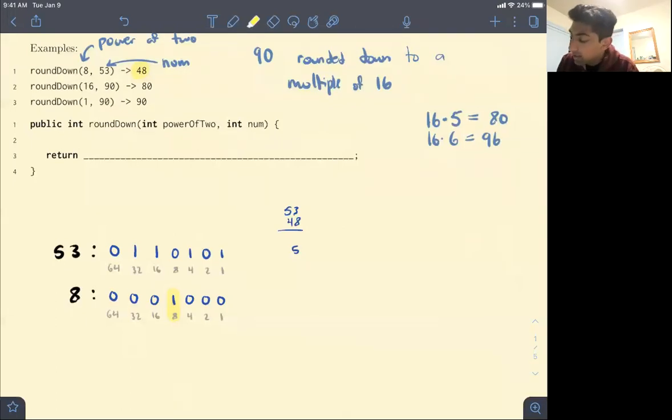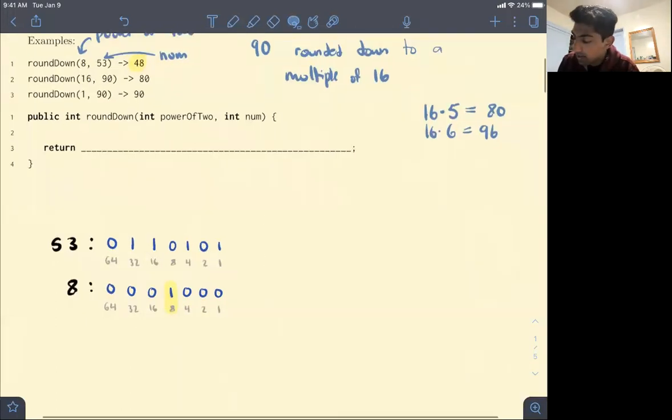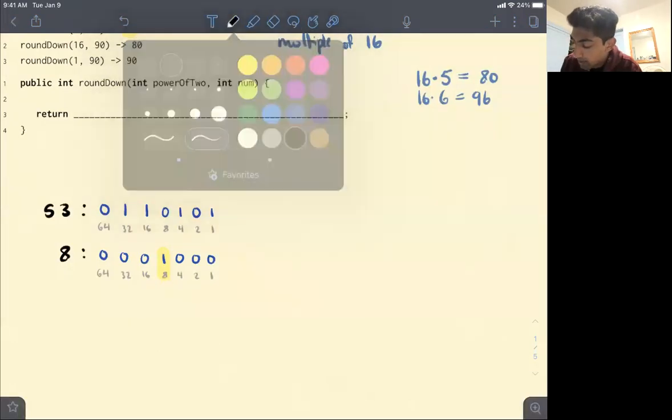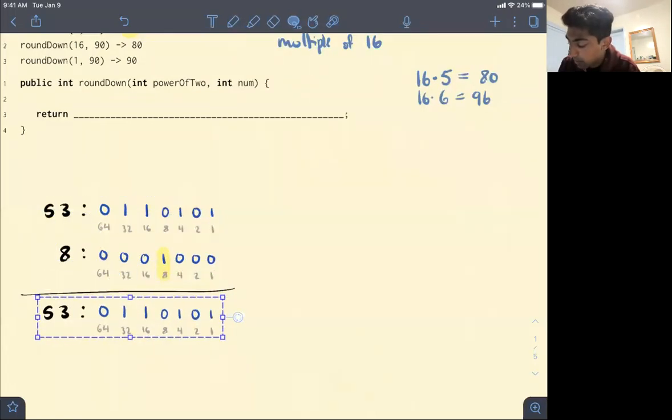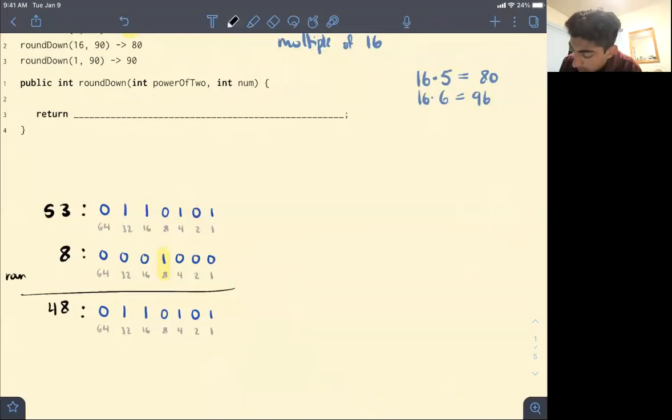So I think the next thing here is let's consider our answer, which is 48, right? And I purposely copied 53 so we could see how it's similar to 53. So this is a round down operation that we're considering.